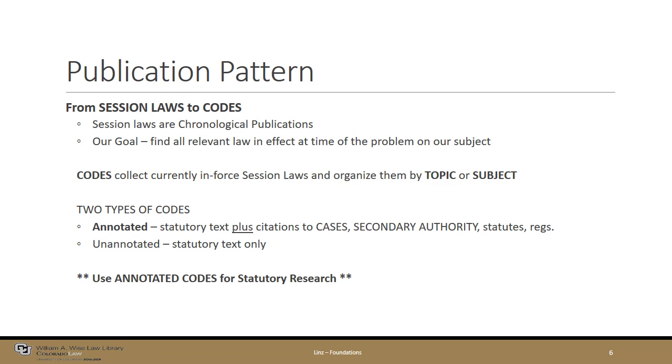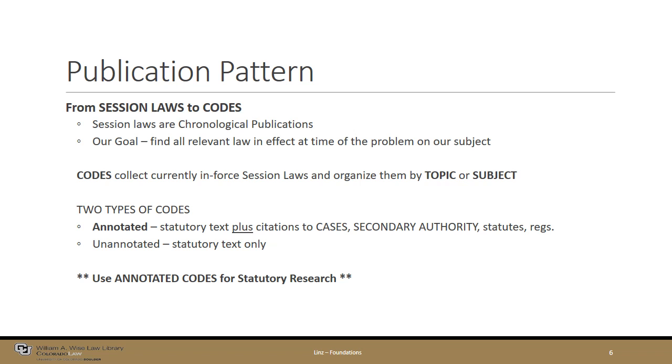The other type of code is an annotated code, and that includes the statutory text plus those source notes, but it also includes citations to cases, secondary authorities, statutes, regulations, that authority which is relevant to and impacts that particular code section, that particular legislation.